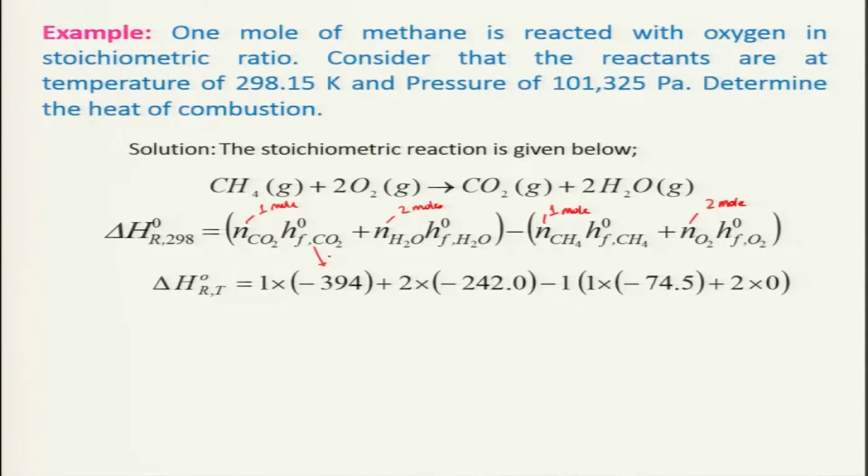Keep in mind that this water we have taken in the gaseous form. Had it been in the liquid form, it would have had different values, so one has to be careful while dealing with that. And of course, the heat of formation for oxygen is 0, and for methane we have taken it here.